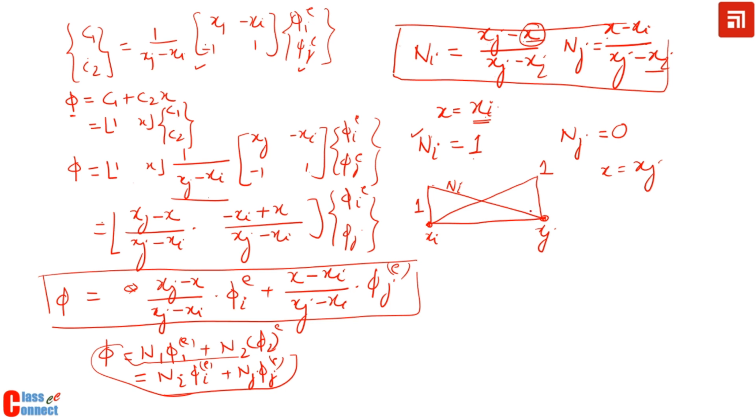So that is the property of the shape function, and we will be using it a lot in our further analysis. And next, at all other points, the value of ni plus nj will be equal to 1. So this is another property of the shape function.